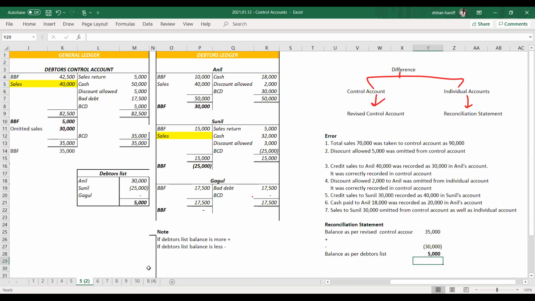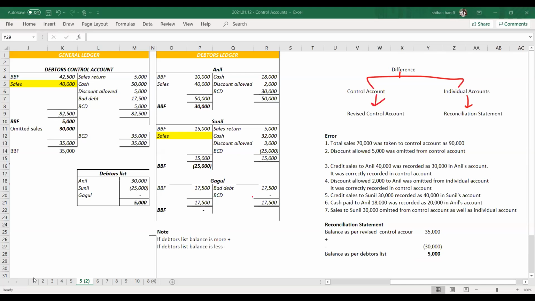Errors in both can be discount allowed omitted from both, sales return, cash related transactions, sales related transactions. So those are the things that you need to know. Don't worry, I will explain this part again. Here I was just giving brief knowledge on how the revised control account and the reconciliation statement are prepared.